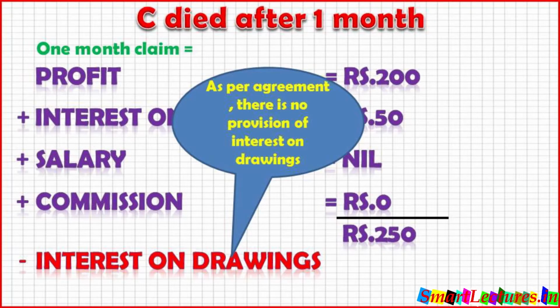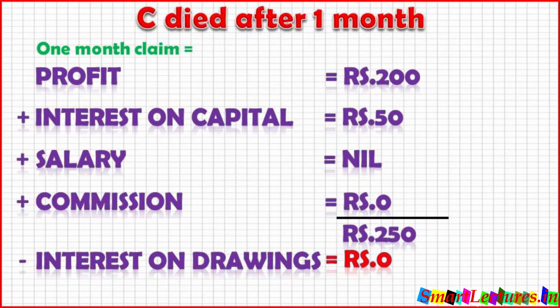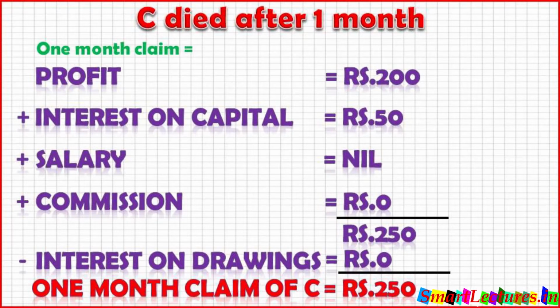As per agreement, there is no provision of interest on drawings. So that will be 0, 250 minus 0, 250. It means 1 month claim of C is equal to 250. C must get 250 for 1 month. That is profit plus interest on capital plus salary plus commission minus interest on drawings.